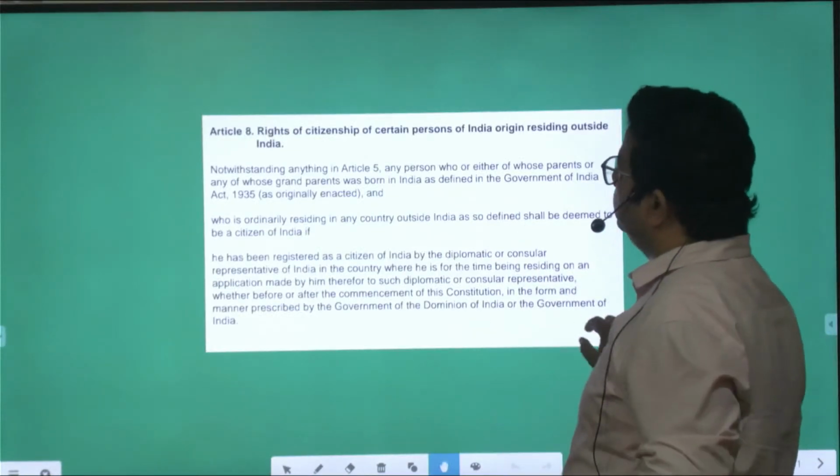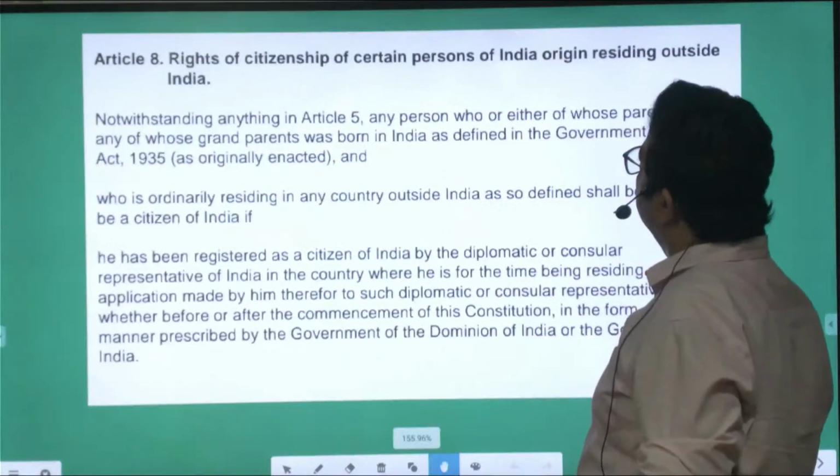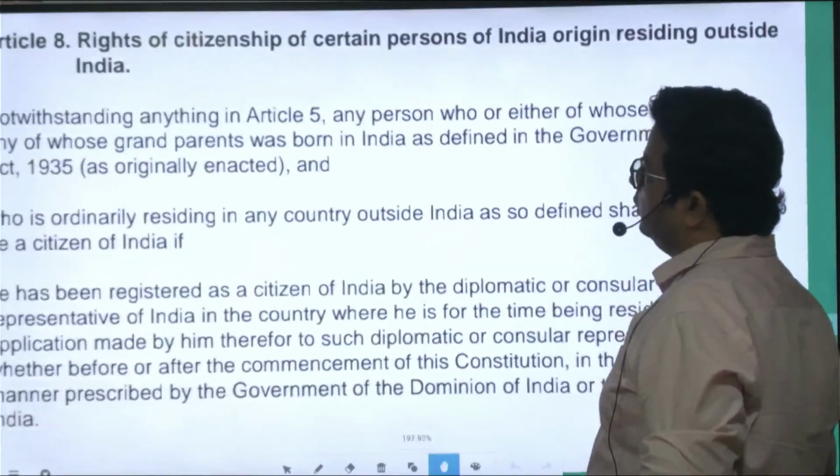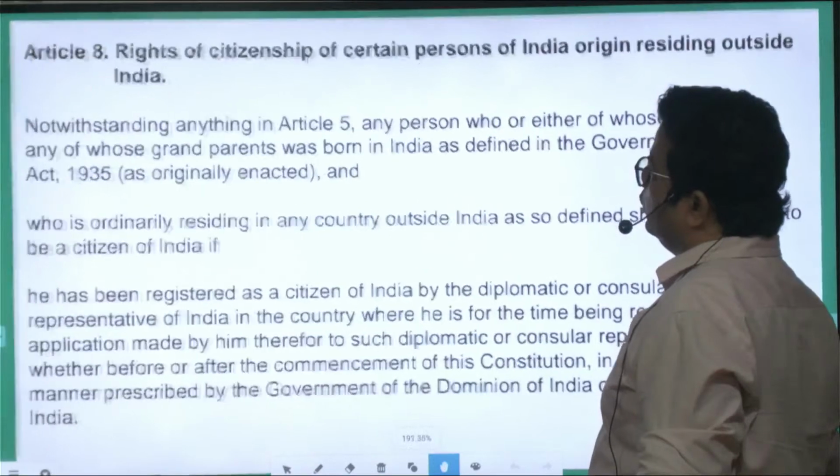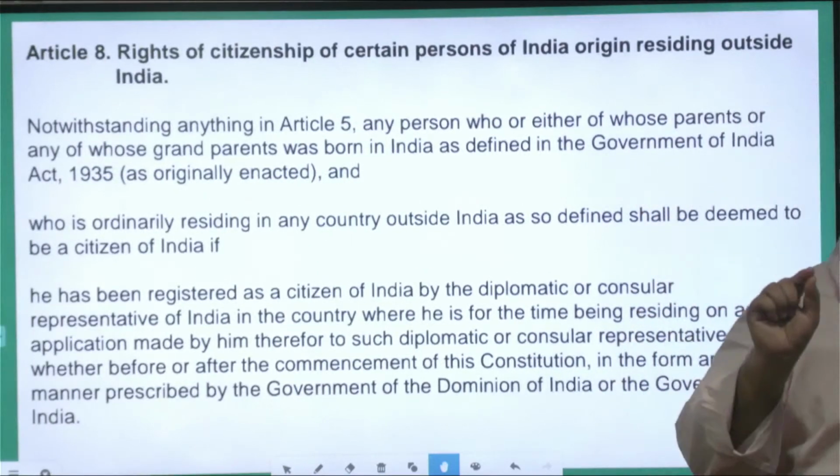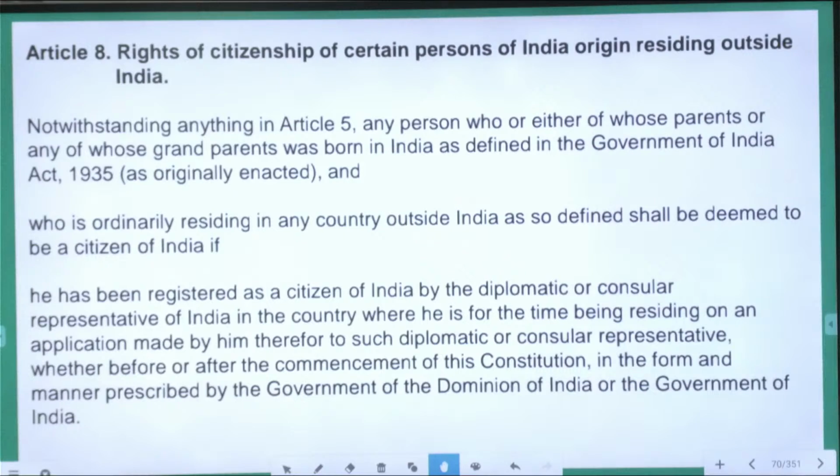Article 8. Now this talks about those who are of Indian origin. You can ask any number of questions. In 1948, those dates were all being fixed, the partition date and everything. Article 8 talks about the rights of citizenship on the basis of descent.